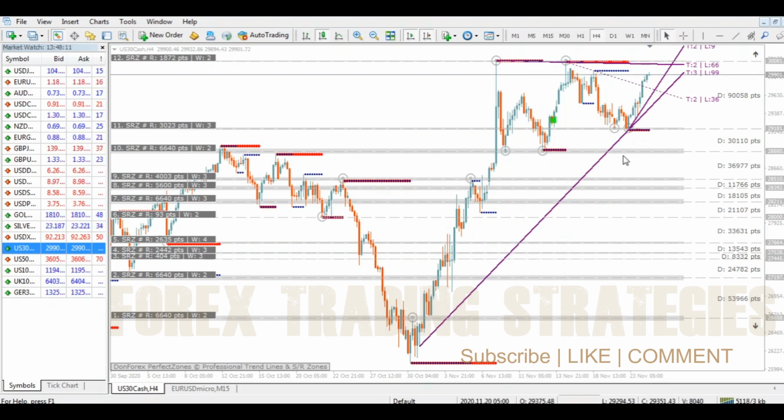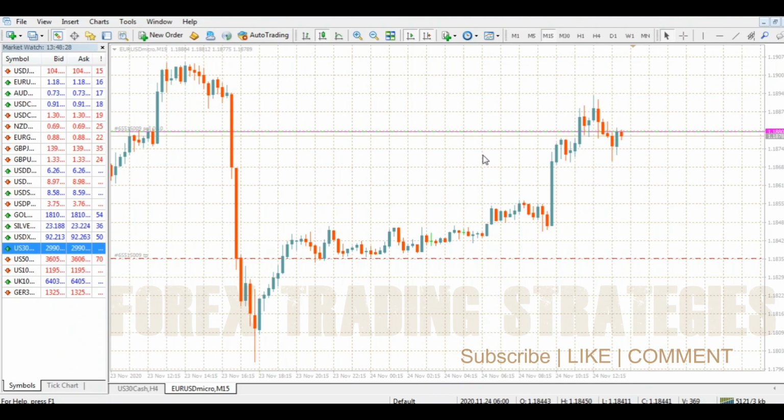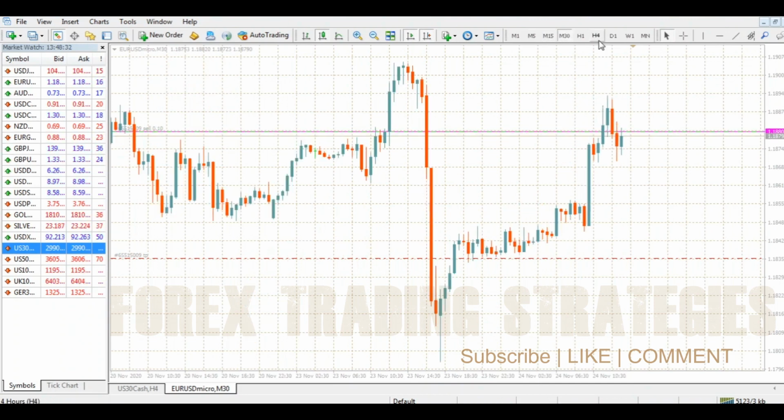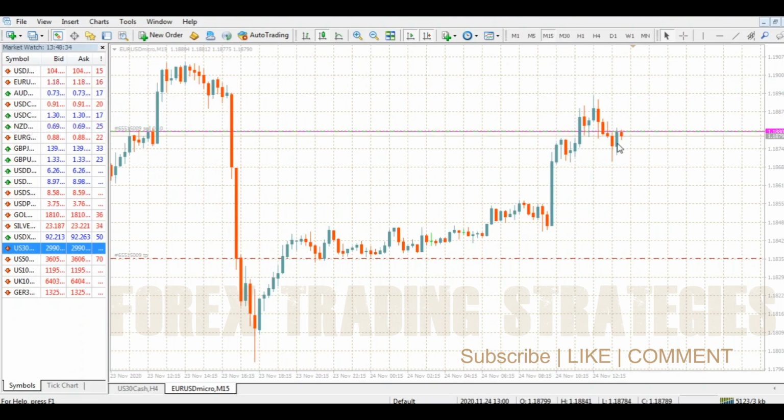I love setting the indicator on the 4-hour chart, and the system that I've built around it works on the 4-hour chart. That's where I spot my entries. Then I will drop down to the 15 or the 30 for my entries.